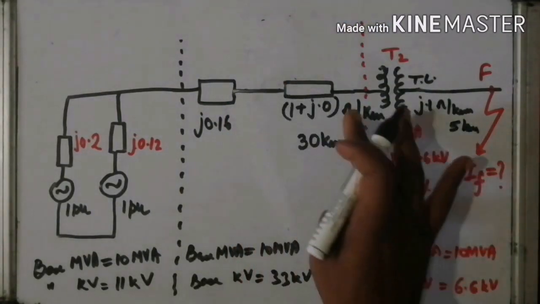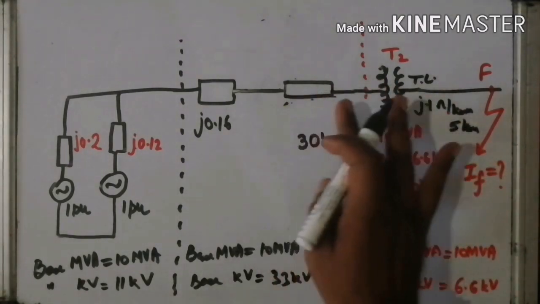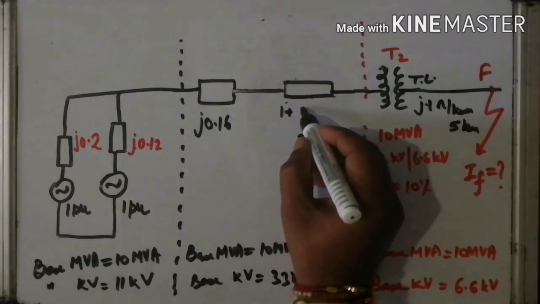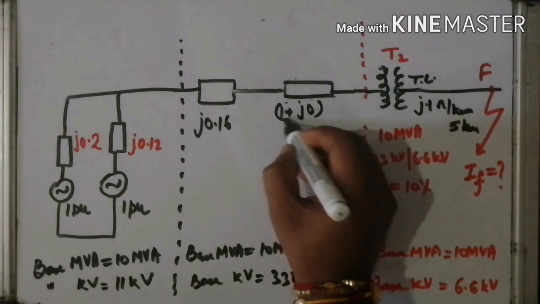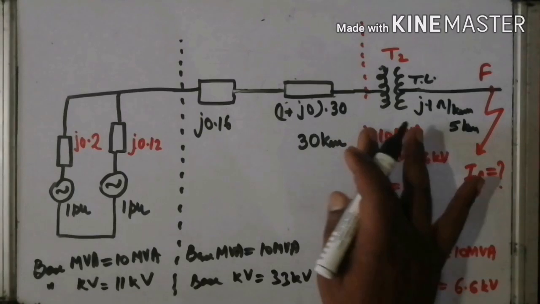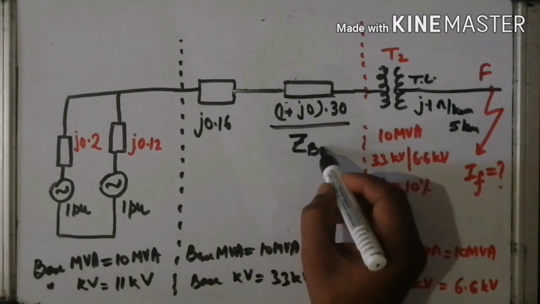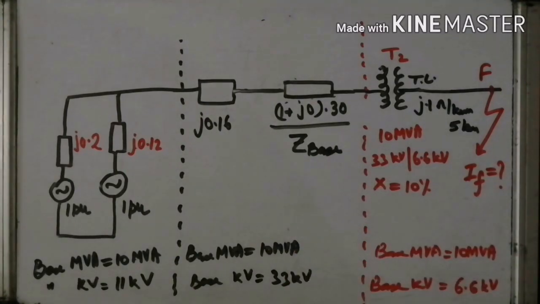It will look like this, that is impedance 1 plus J0 into 30 divided by Z base.